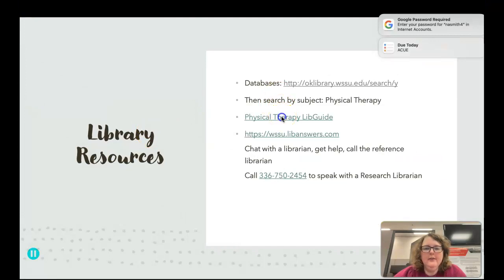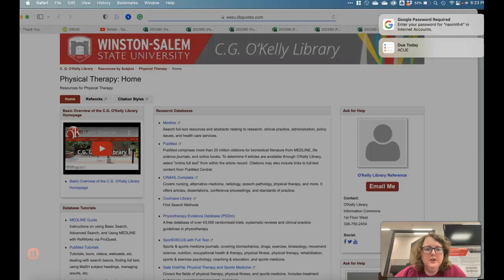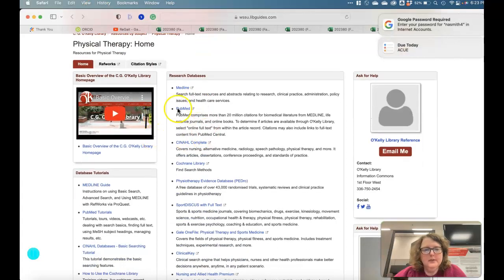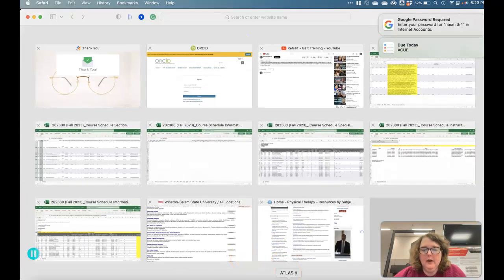We also have a physical therapy LibGuide available through the library, which gives you another link to the resources that we have here, and also gives you some database tutorials of how to use the different databases that are contained in the library.